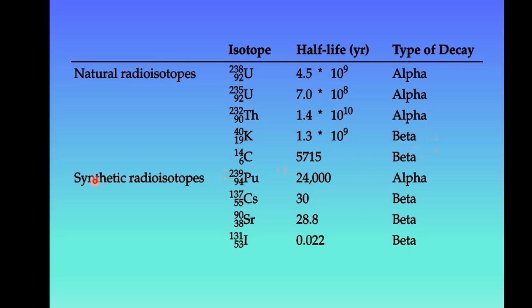Here are some synthetic radioisotopes. How do we get synthetic radioisotopes? Yeah, SLAM, exactly what we talked about last class. Nuclear transmutations, and that can be done in a particle accelerator or putting our sample right next to some other radioactive source.